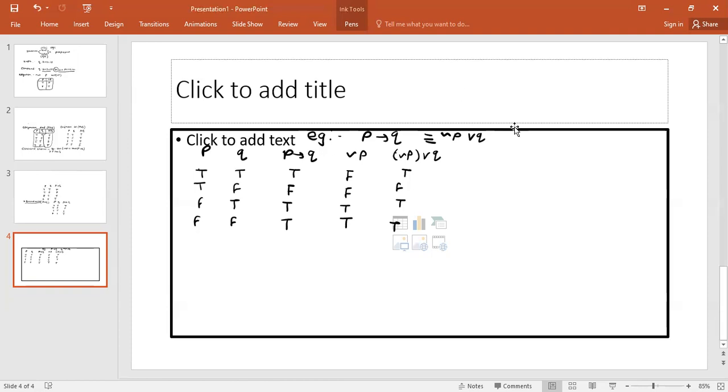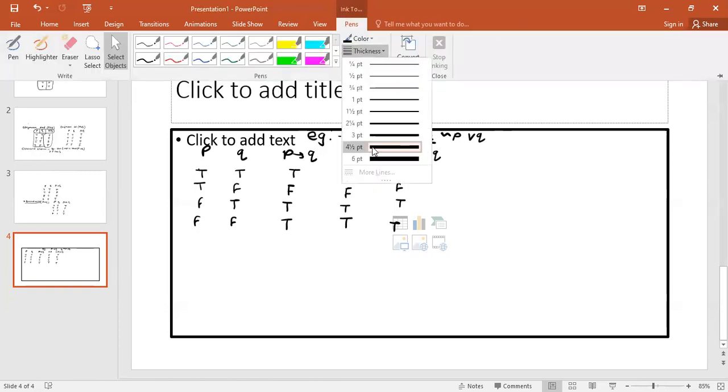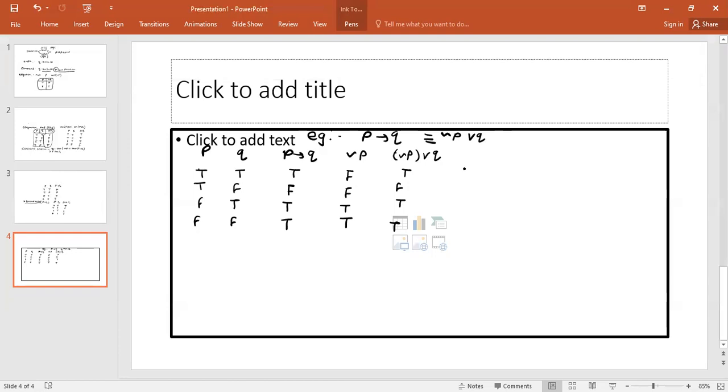Here you can see solving. So how do you write this? So negation of P, here you can solve this as F, F, T, and T. And Q's value is T, F, T, F. Okay.